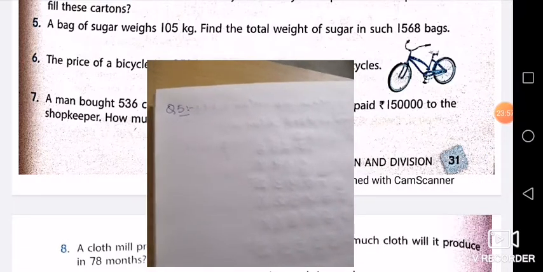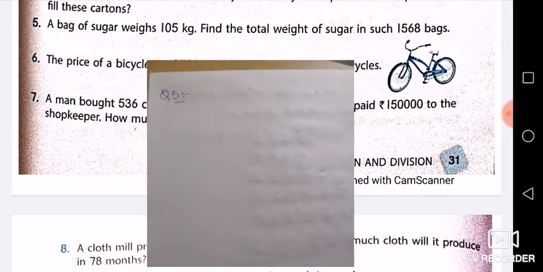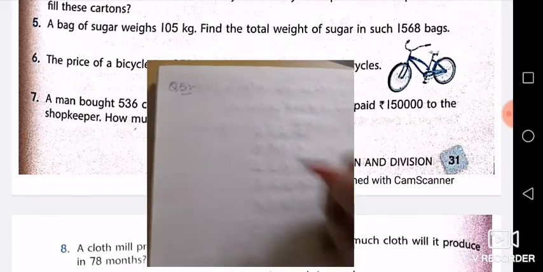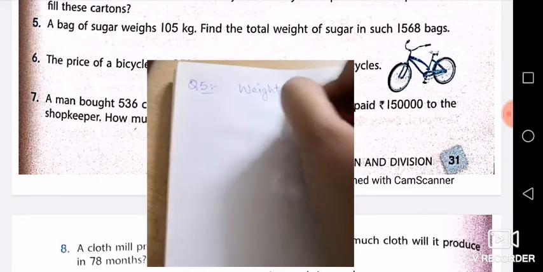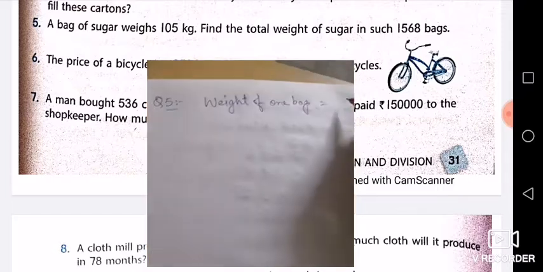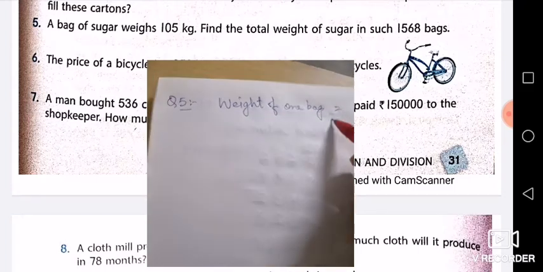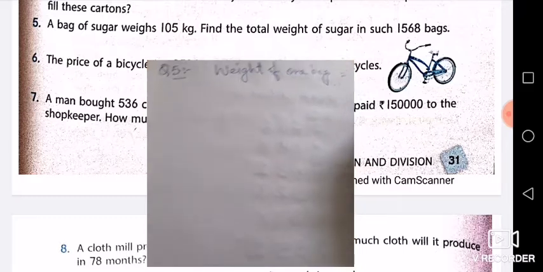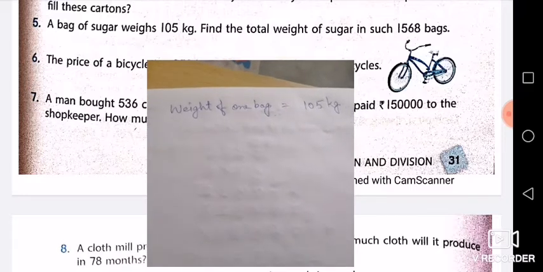Weight of one bag is given to you. You can write weight of one sugar bag or weight of one bag. Both are correct. Now weight of one bag is 105 kg. That is given to you.